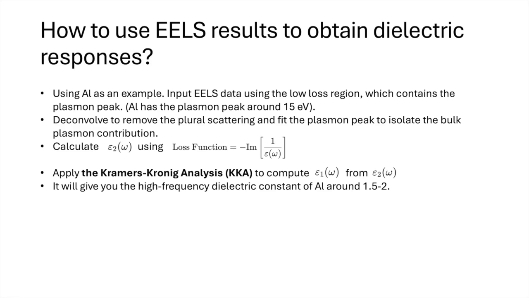Finally, use the Kramers-Kronig analysis, or KKA. We can reconstruct the real and imaginary parts of epsilon omega. When applying this procedure to aluminum, we should find that the extracted high-frequency dielectric constant is around 1.5 to 2.